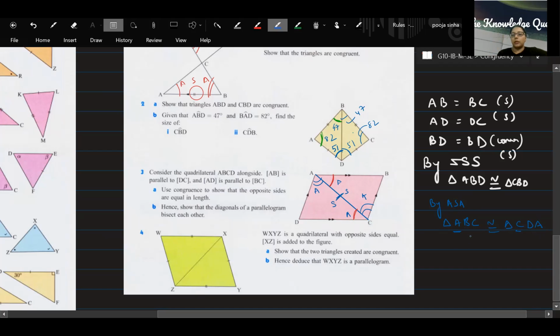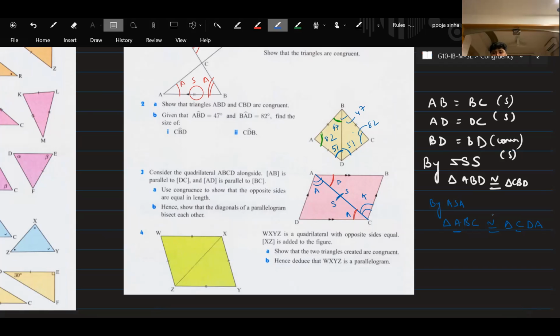Okay. So we just proved that the triangles are congruent, but this is not what they asked us. They asked us something else. Because of congruency, line AB and line DC... Yes, say it. So due to congruency in both triangles, since they are part of the same quadrilateral, the opposite sides are also going to be equal.